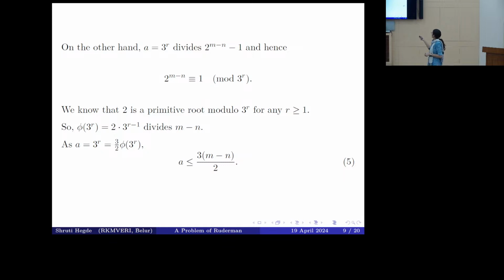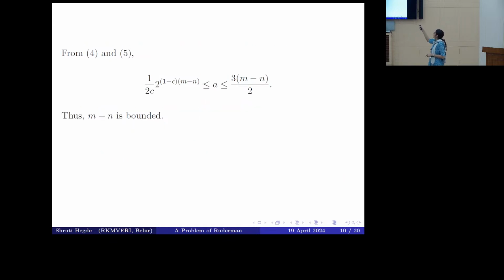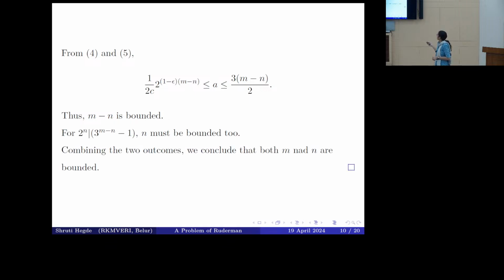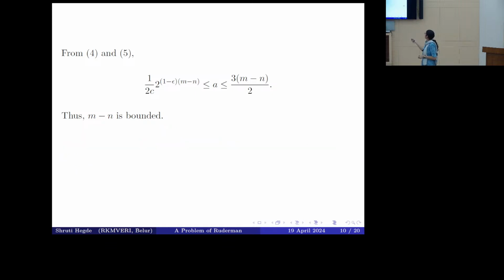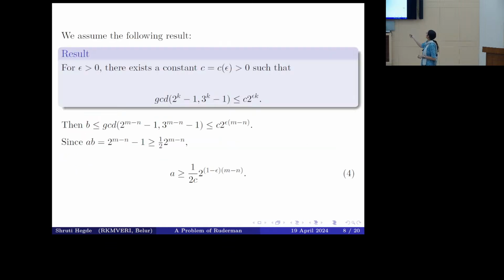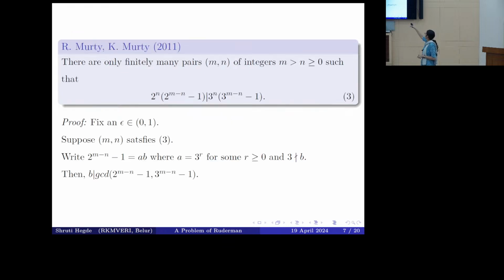So using those two bounds, we have this. The left hand side is an exponential function of m minus n, and the right hand side is linear. So if this has to happen, m minus n has to be bounded. Right? And again, since we had m, n such that this was true, this 2 power n has to divide the second factor, 3 power (m minus n) minus 1.